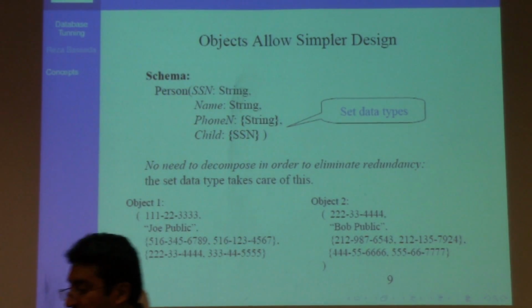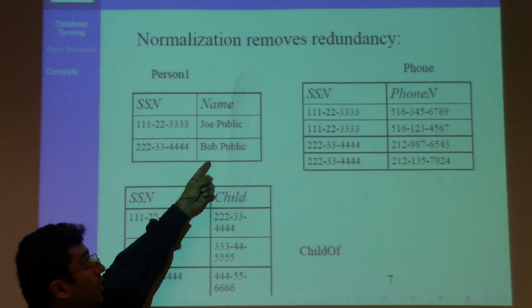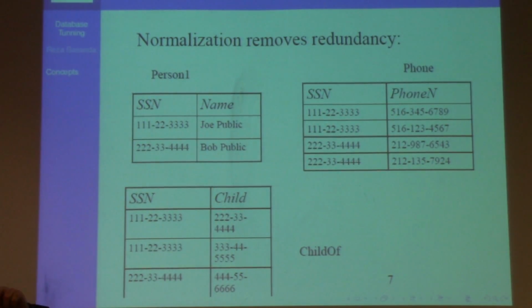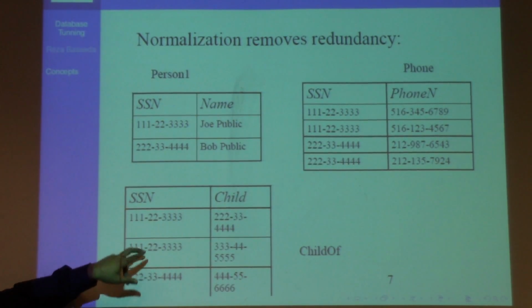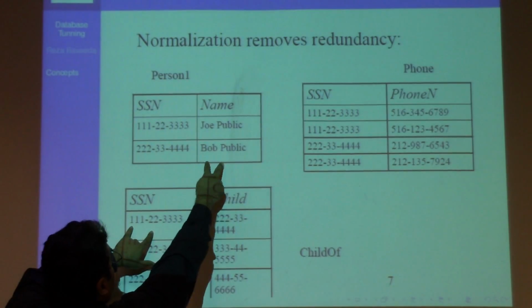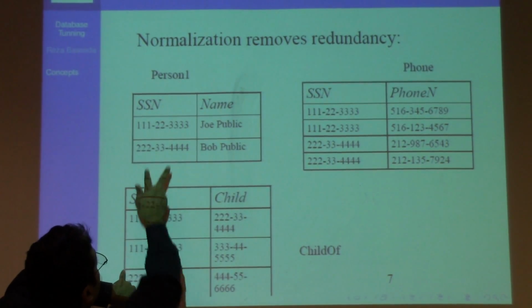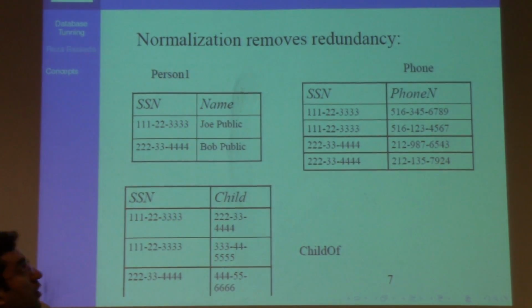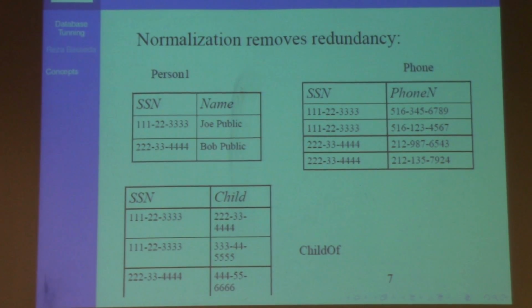How many people do we have here? 2, Joe and Bob, okay? And also, we see that Bob is child of Joe, and Bob has some children also over there. We don't see those children here.